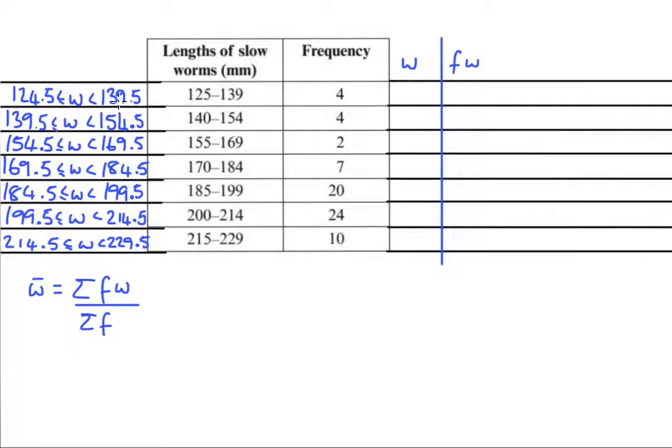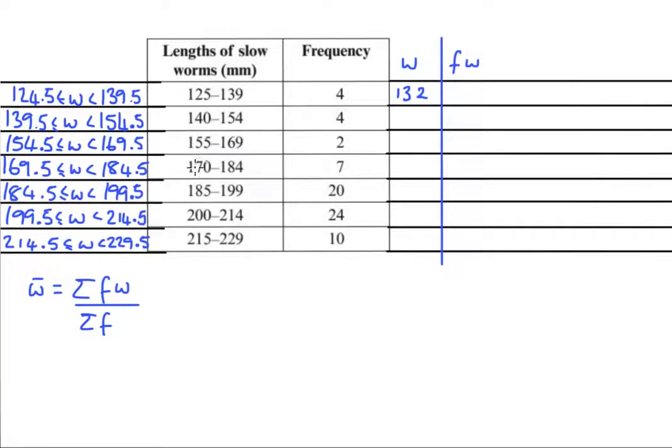So if I averaged out those two numbers by doing on my calculator 124.5 add 139.5 and divided that answer by 2, that would get me the midpoint, and for that one that's 132. Notice the midpoint here is the same as the midpoint here because on this one we've just extended each end by a half, so the middle is still going to be the same.